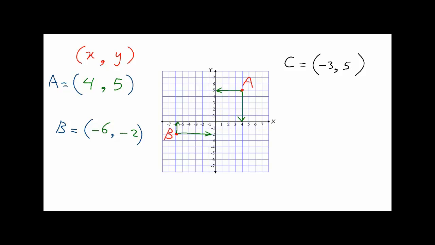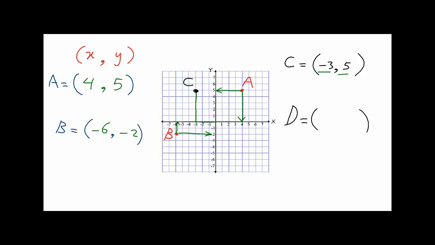We move to the left because x is negative 3. So we move 3 units to the left, and then we go up 5 units because it is positive 5. If it is negative, we will go down. So we go up 5 units, and then we can locate the wanted point in this place, which is point C.